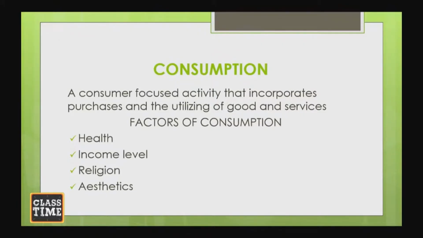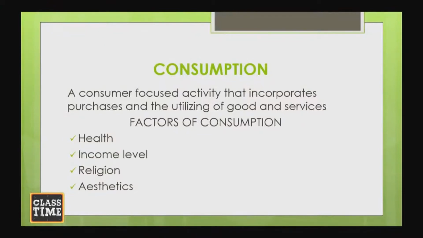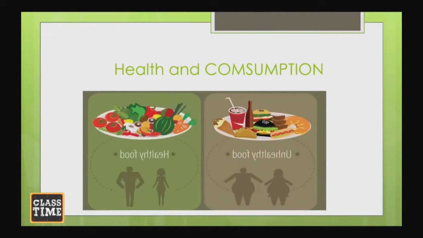So that's what we consider consumption, which lends to a consumer. There are 4 factors that we're going to look at, which is health, income level, religion, and aesthetics. Now, picture this. Health, based on consumption. Many persons now are leaning towards a healthy lifestyle, so they're going to pull away from a few items.